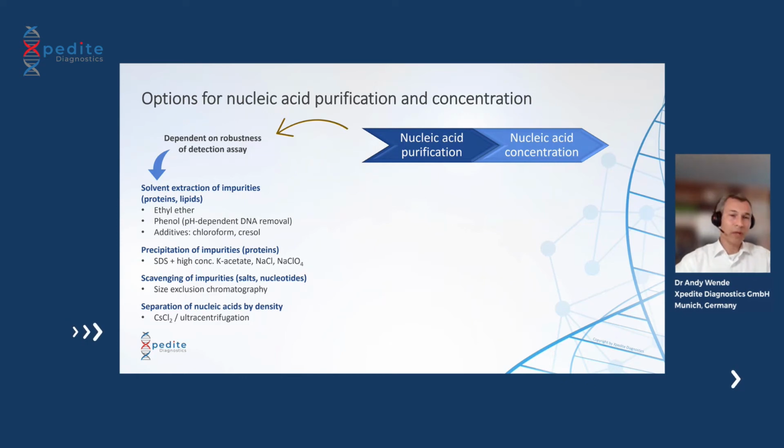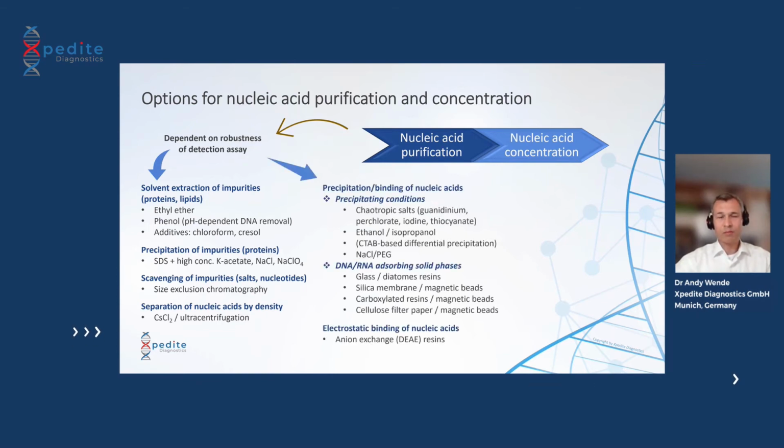And meanwhile, not used anymore is the ultracentrifugation based on a cesium chloride gradient. It was very popular in the middle of last century, where you can very nicely separate your nucleic acids according to density in this gradient, and then later on prepare it and use it for your downstream applications.